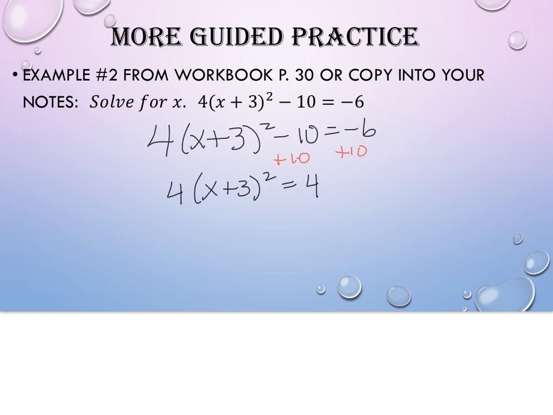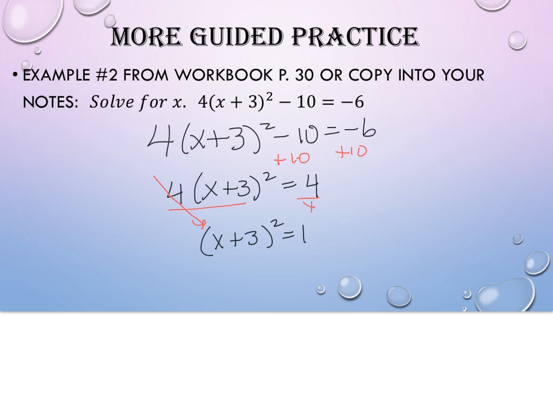I guess it's plus 10. The next thing I want to do is get rid of the 4 on this side so that they can cancel, because 4 over 4 is a fraction, and that will leave us with x plus 3 squared equals 1.